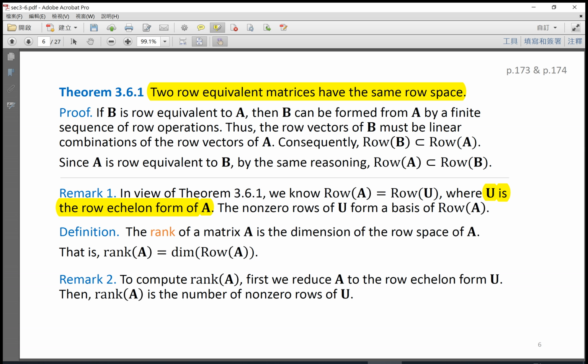Then, in view of Theorem 3.6.1, we know that the row spaces of U and A are the same, so we have row(A) equals row(U). And we know that the non-zero rows of U will form a basis of row(A).